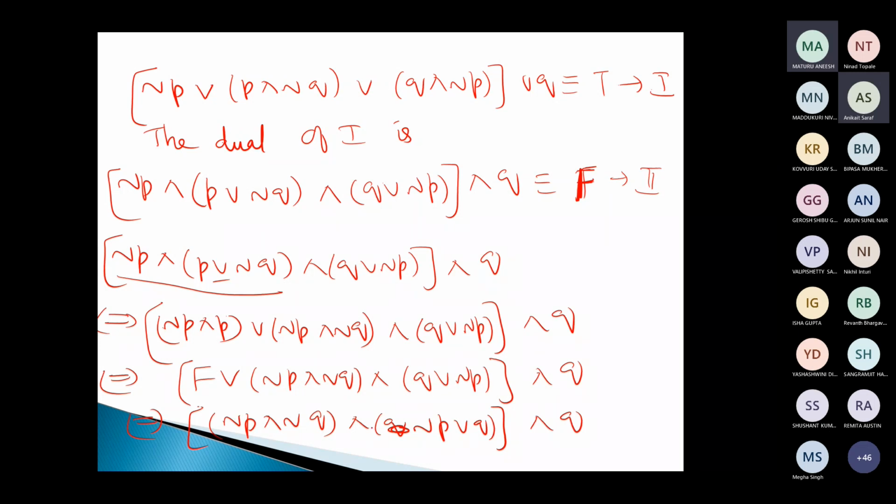Not P and not Q and not P. You can assume this as some A, B, C, A intersection B union C. That way it can be done. Maybe if you see something easier, you can tell me.